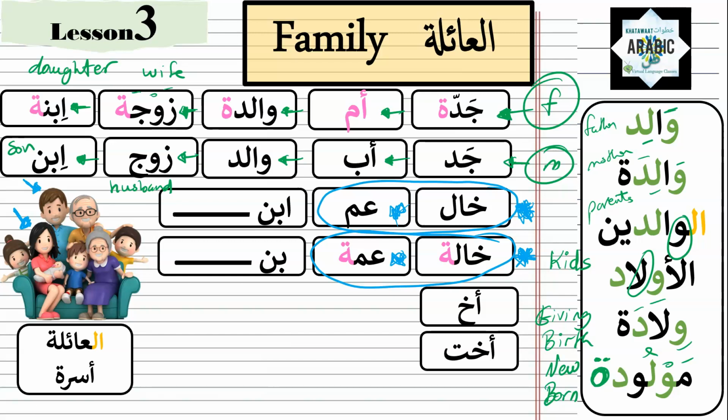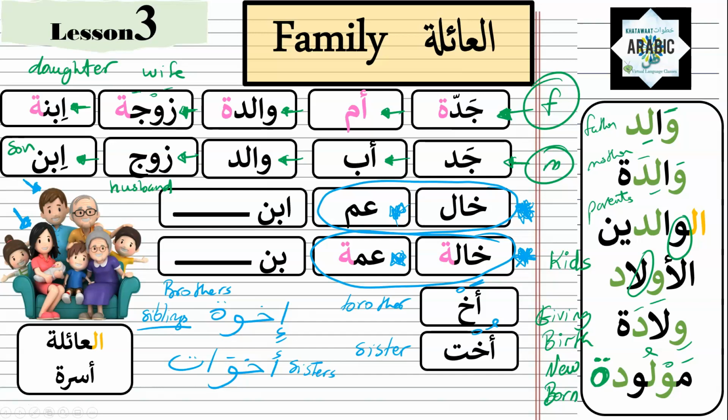We'll learn that in the common part. Then the words we have is akh for brother, and then ukht for sister. When we talk about brothers or siblings, we say ikhwa. But if we're only saying sisters, we would say akhawat. But if we're referring to siblings and brothers, we would use ikhwa, siblings.